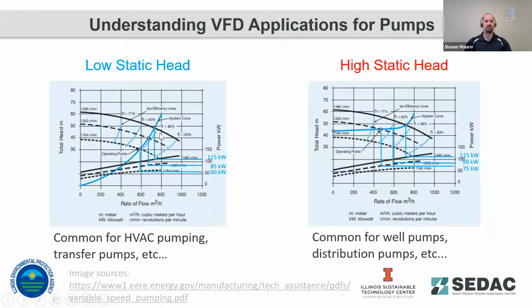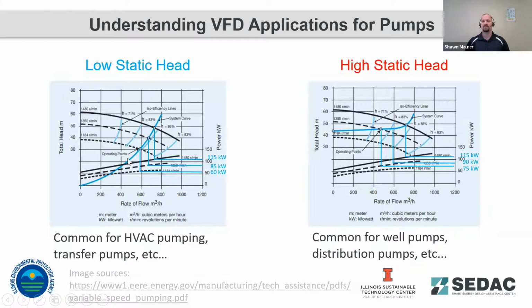Most of us are pretty familiar with how that works, but where that crosses the pumping curve is where your operating point is for the system. Where this comes into play with VFDs is as you slow down that pump for a low static head condition, you can maintain the pump's operating efficiency for much longer. As you can see in the chart here, the efficiency curves kind of line up with that system curve for most of that operating range.